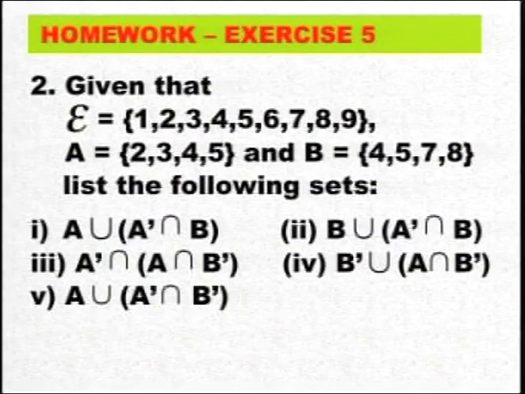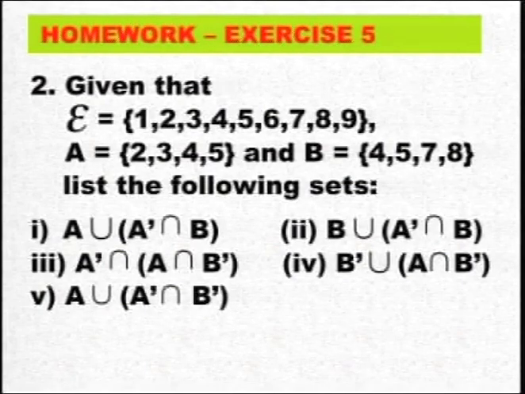Given that the universal set contains 1, 2, 3, 4, 5, 6, 7, 8, and 9. The set A is 2, 3, 4, 5, and the set B is 4, 5, 7, and 8.